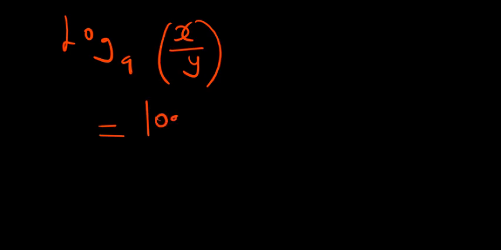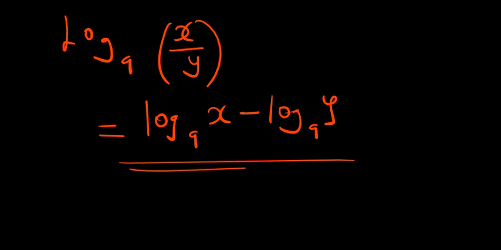So I'm going to have log a of x minus log a of y, as long as the base is the same. So basically these are the simple rules on logarithms, and you're supposed to know how to answer questions using each of them. So let's solve some questions to cement that part of the topic.